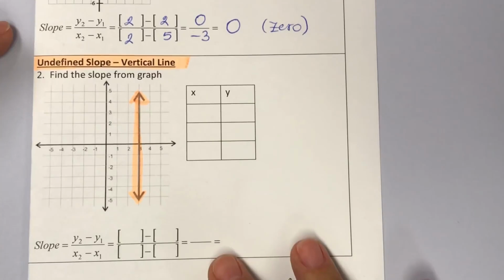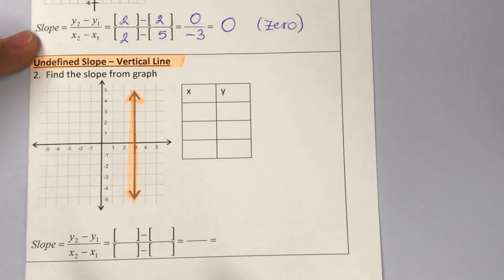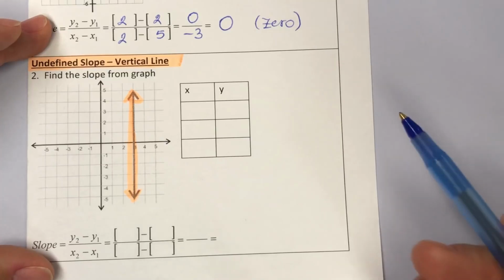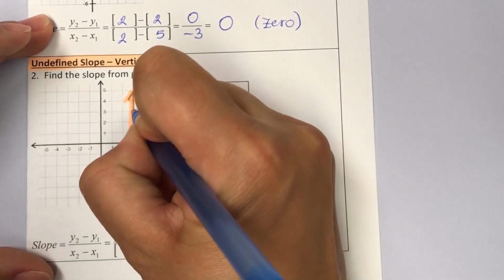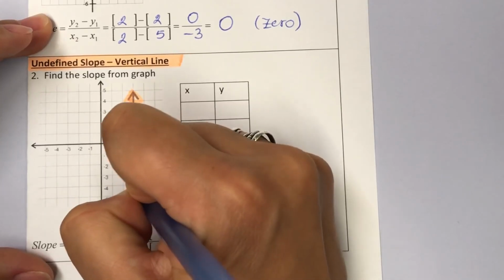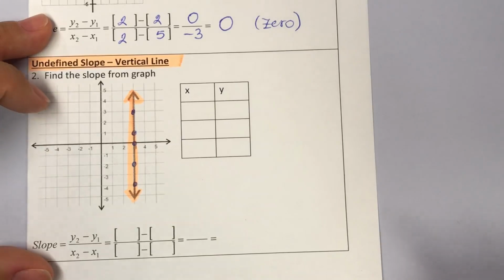On the vertical line, we said from graph it's undefined slope. So non-existent slope or no slope. How does that look with numbers? So pick any numbers throughout the line, which ones doesn't matter, close or far, as long as they belong to the vertical line. So any numbers.